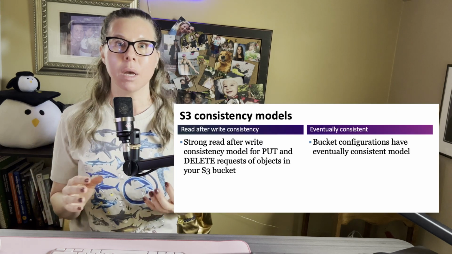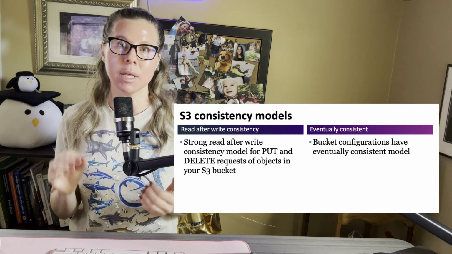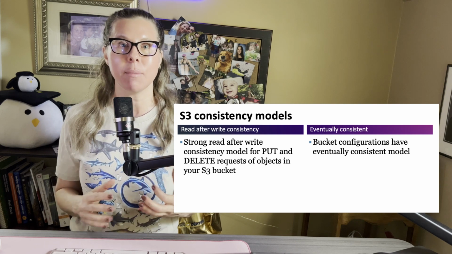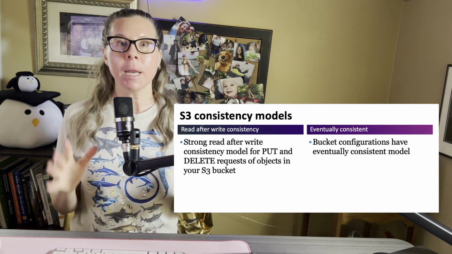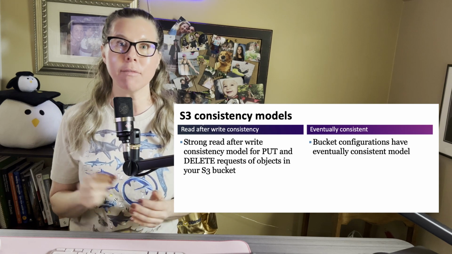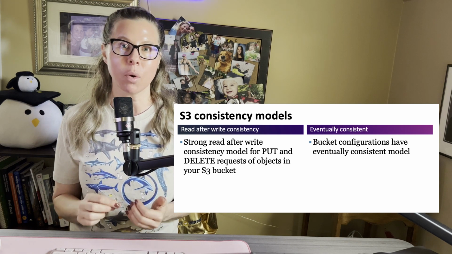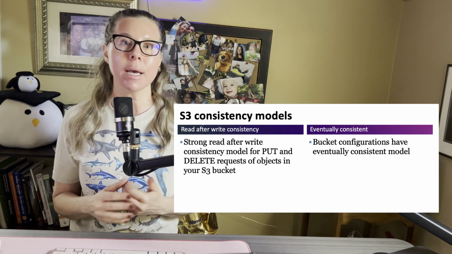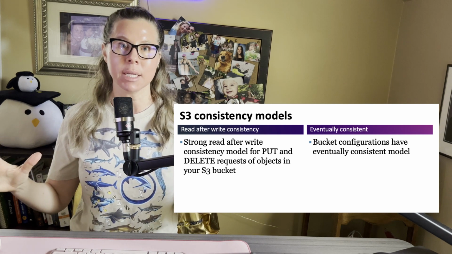Another fundamental to understand is data consistency models. And again, we will dive deeper into the needed data fundamentals in our database and storage lessons. But S3 provides strong read-after-write consistency for puts and for delete requests for objects in your S3 bucket in all regions.